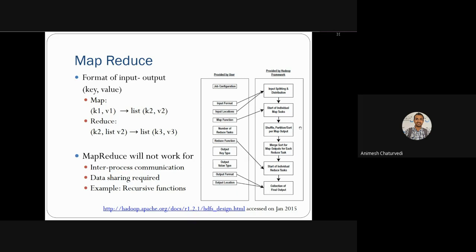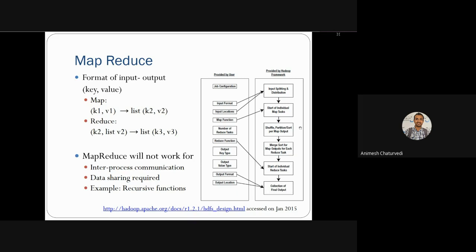Then what happens at the next level? You start programming the mapping part. You create the map function and map program, and this map goes to the Hadoop framework, which starts doing individual map tasks. This task is done by Hadoop, but according to the logic and the code that you have given.